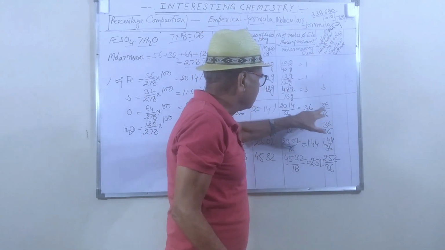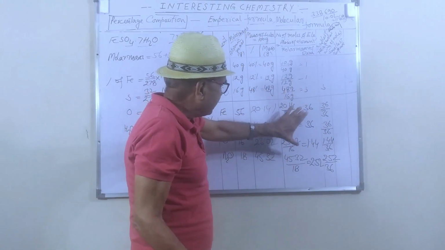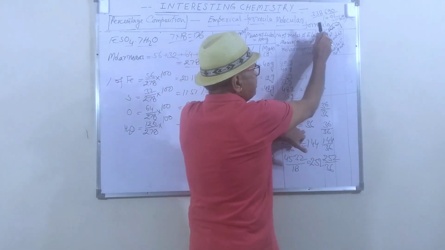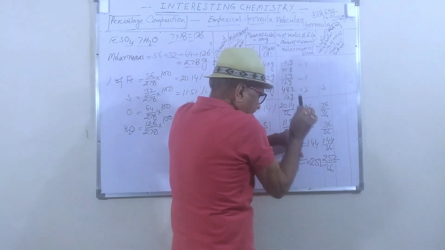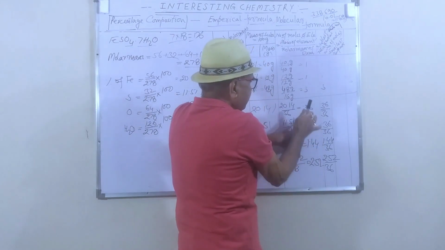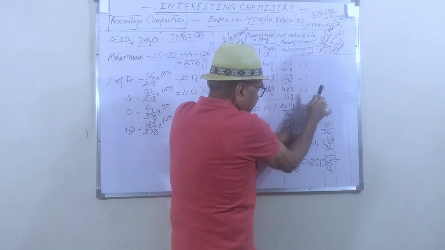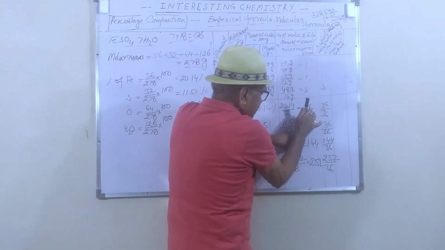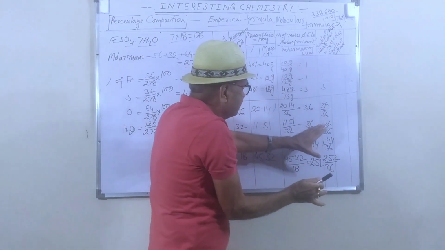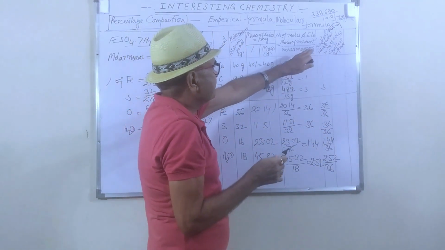So my aim was to tell you the meaning of the simplest ratio of moles. These are the numbers of moles. To find the simplest ratio of moles, you divide by the least number of moles, so find out the least number. This is the simplest ratio.